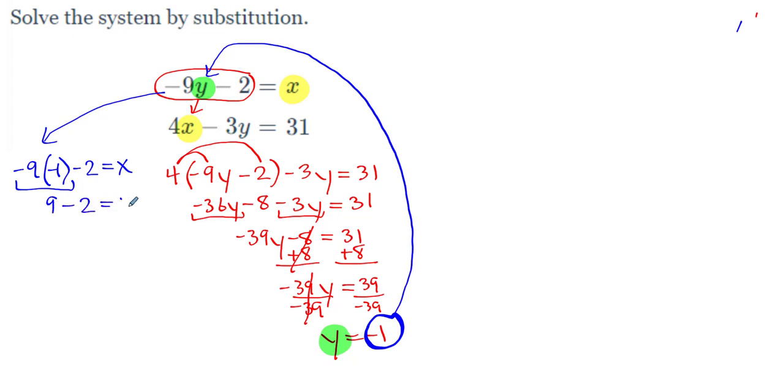Minus 2 is equal to x. And then lastly, 9 minus 2 is 7 is equal to x. And we have our ordered pair. So my x value goes first. That's 7. I'll separate it with a comma. And my y value is negative 1. And again, just trying to set this up. If you can solve for one of the variables, this is going to be one solution.